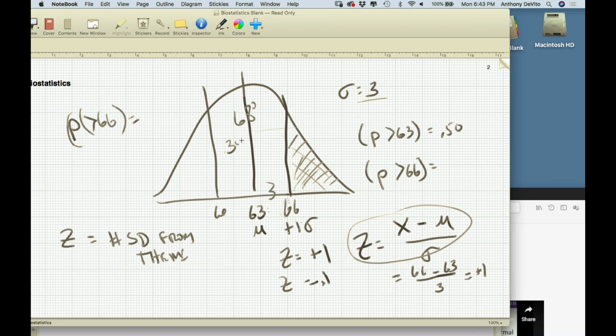That means that 34% is between the mean and one standard deviation below, and 34% is between the mean and one standard deviation above. And the area from the mean up is 50%. So that would leave in this area 16% of the distribution. So the probability of choosing a woman from this population randomly that's greater than 66 inches tall is 0.16, or 16%.